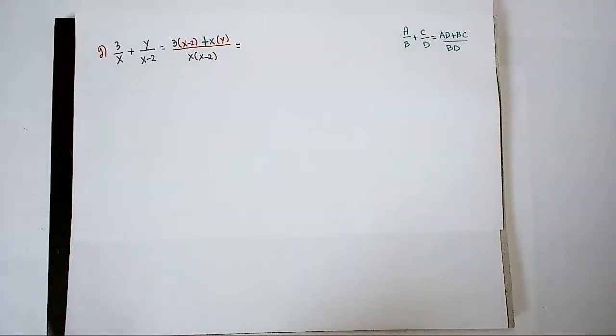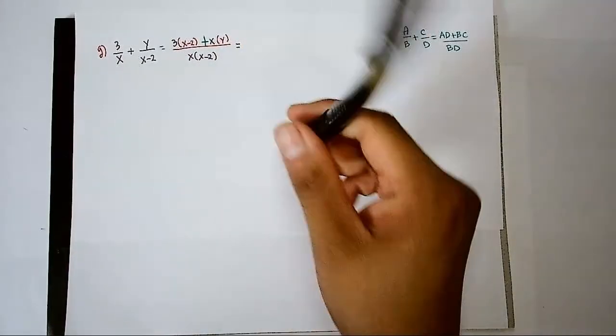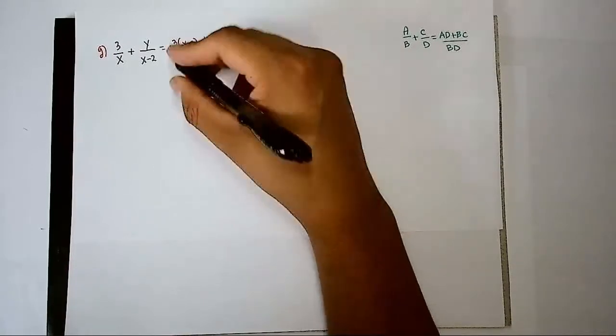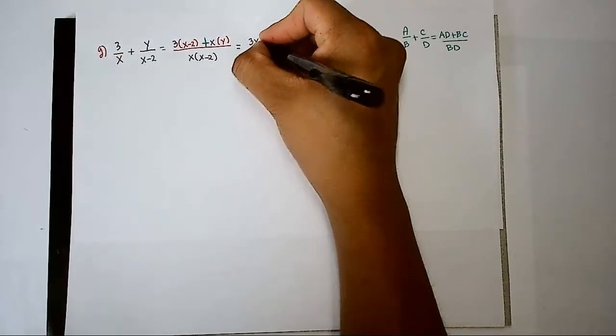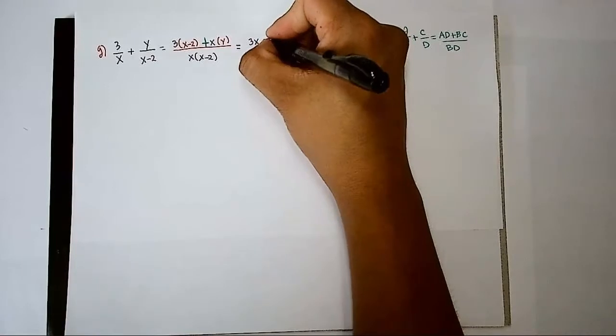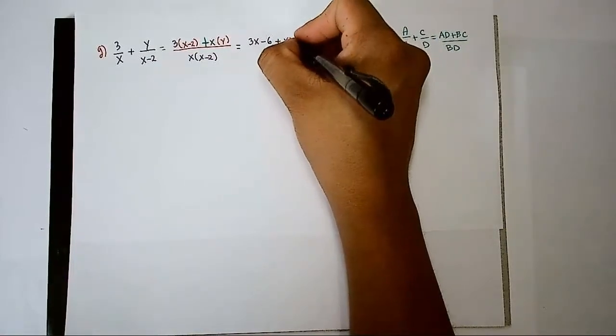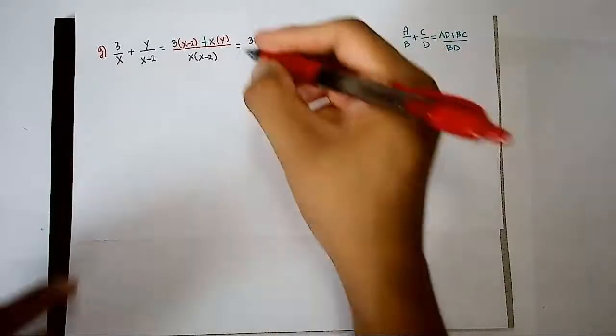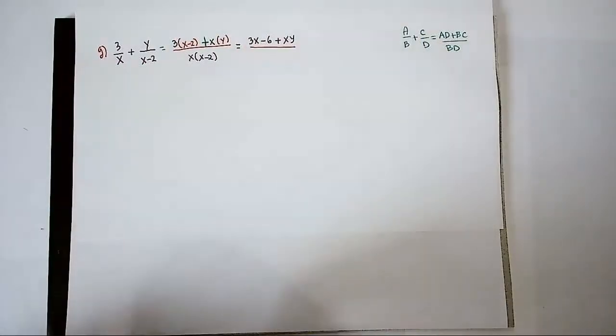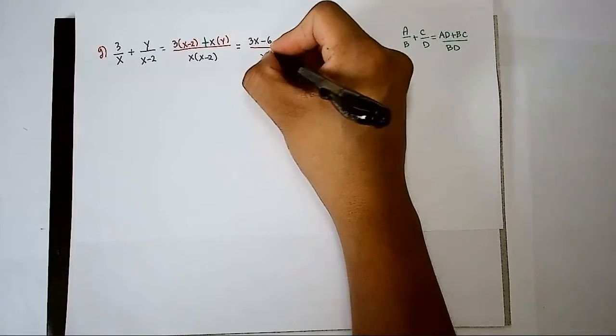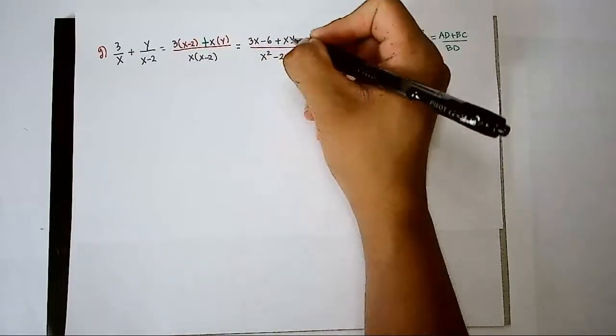This is equal to 3x minus 6 plus xy divided by x squared minus 2x.